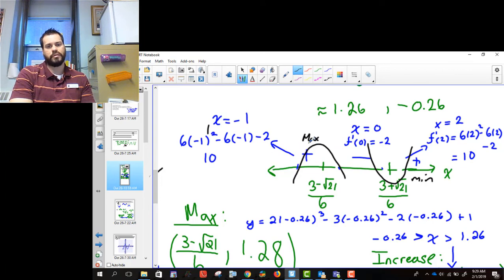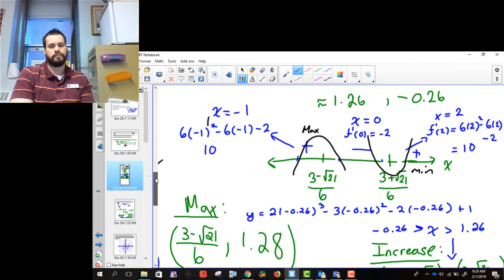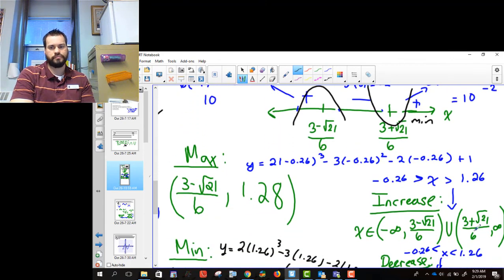So I notice the derivative is positive before minus 0.26 and after 1.26, okay? So there's my interval. It's from minus infinity to negative 0.26, which I'm writing as the exact value. That's why I'm writing 3 minus root 21 over 6. And then from 3 plus root 21 over 6, or 1.26, to infinity. And you guys are used to that interval notation. I think you should be.